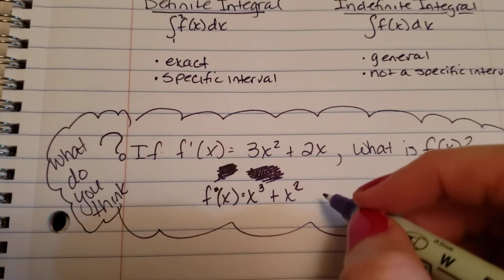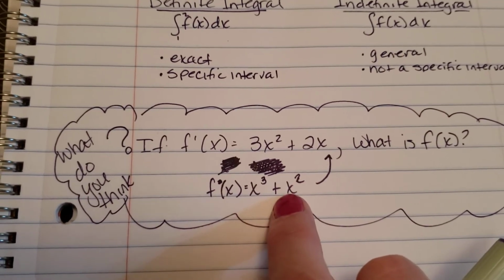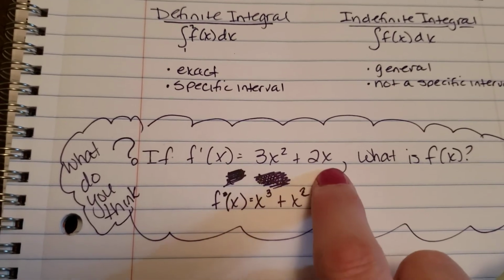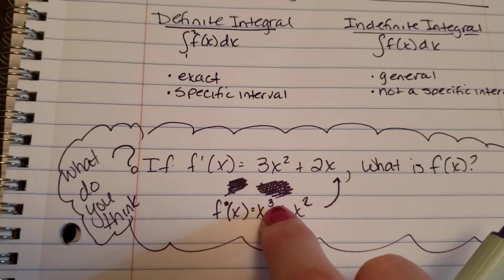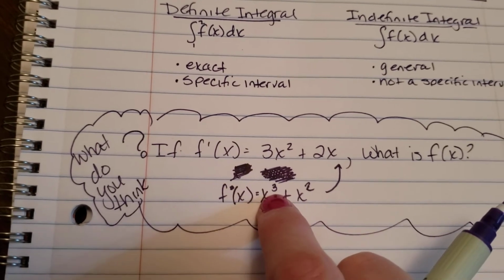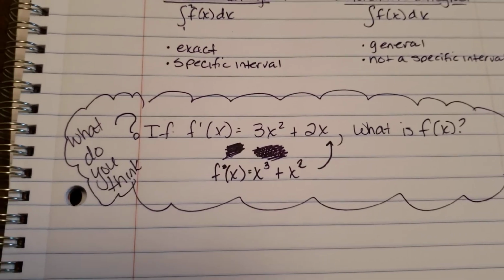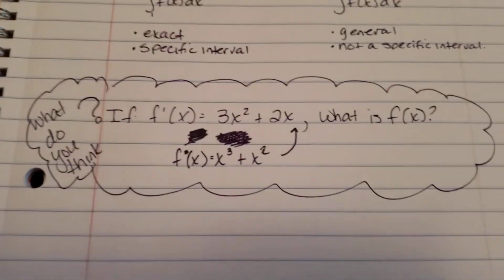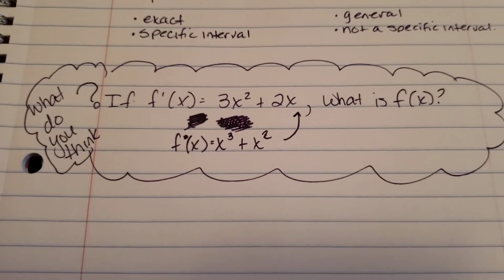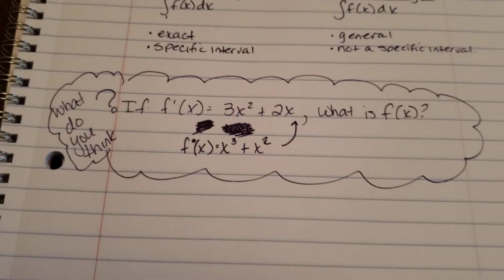If we were wanting to go from here up here, we would multiply by 2 and then reduce our exponent by 1. That would give us 2x. And then for this one, we would multiply by 3, and then we would reduce our exponent by 1. So that would give me 3x squared. So we're just working backwards. This is the antiderivative. It's working under the assumption that the function you're looking at is the derivative and you're trying to go back to the previous function.